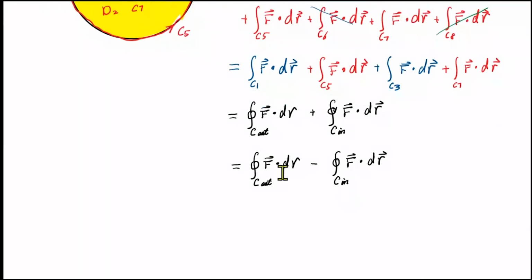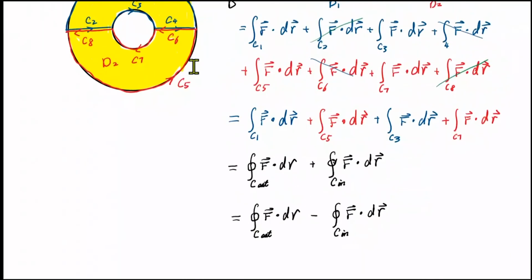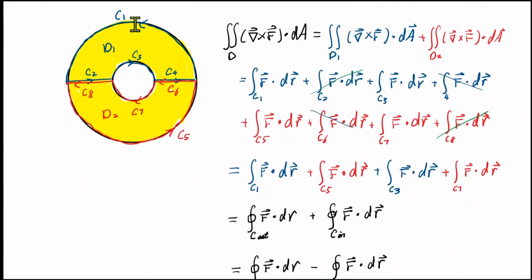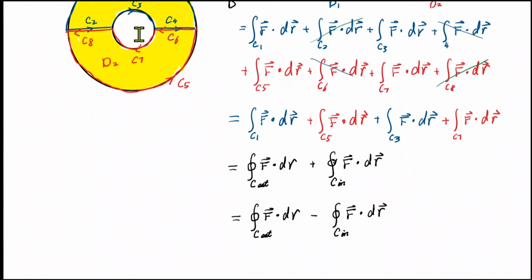This is the entire line integral outside, and then minus the inside thing. Is that very logical and expected? The whole thing minus the hole. The whole thing minus the hole. You get it? So this thing does exactly what you want it to.